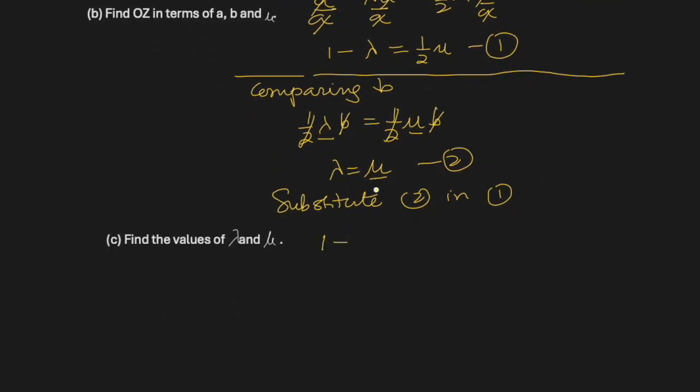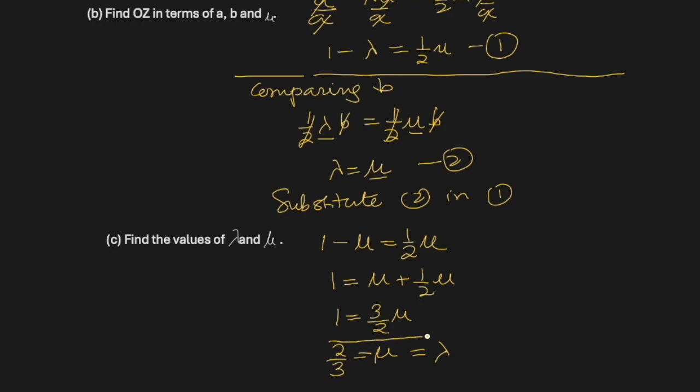So 1 minus mu equal to half mu. 1 equal to mu plus half mu. 1 equal to 3 over 2 mu. So cross multiply, mu equal to 2 over 3. And so is lambda. Both of them are 2/3. This is what I'm getting.